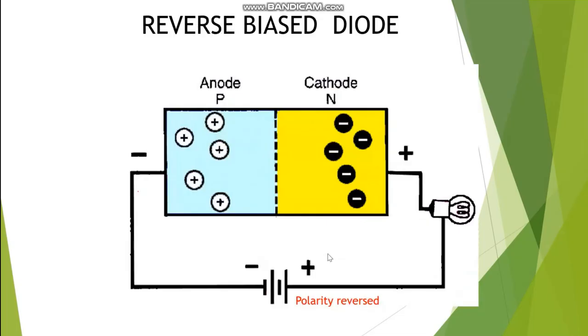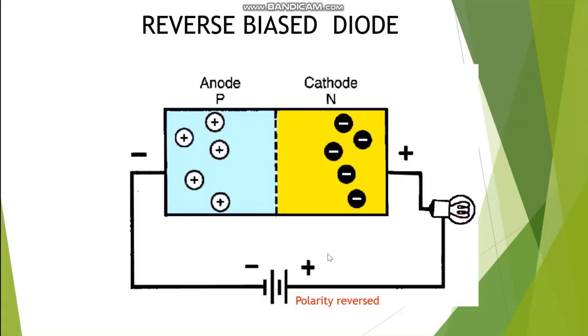Now, in reverse bias, notice that the yellow N-type material, those electrons are attracted to the positive on the battery. And the positive holes are attracted to the negative potential on the battery, creating an area at the junction zone, the PN junction, where the P-type material meets the N-type material.